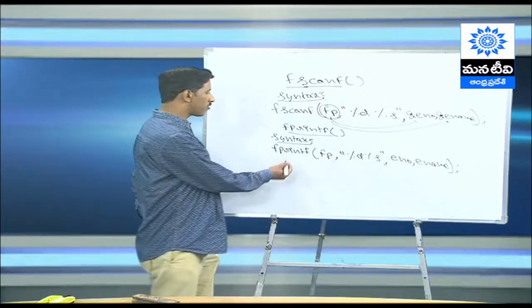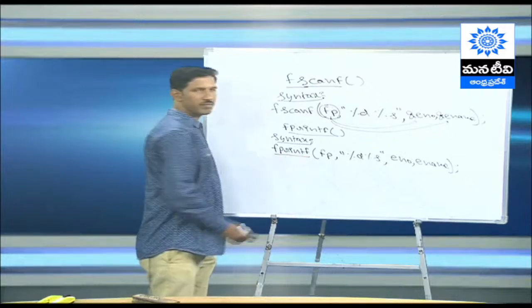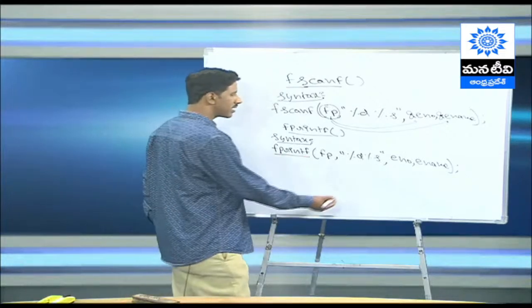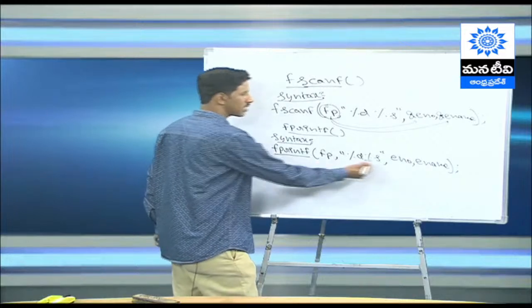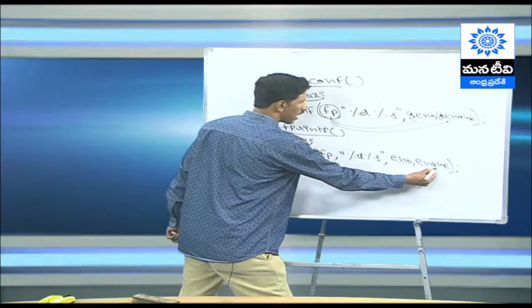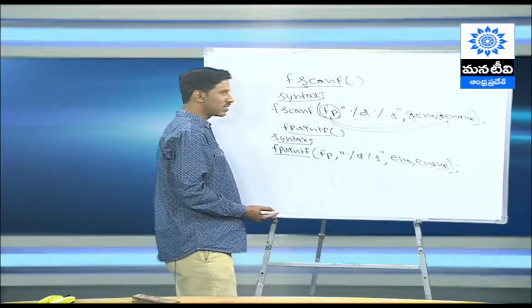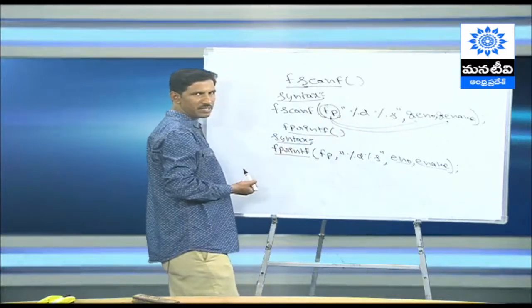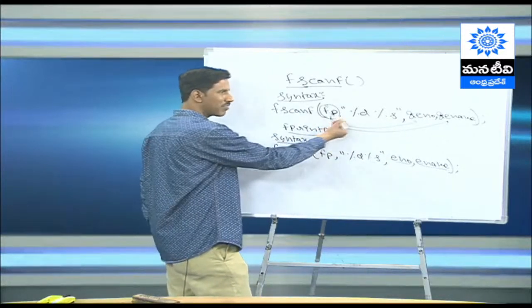What is meant by fprintf here? File printf. That means I want to print the details, the employee number details and the employee name details. Previously, I wanted to read the data from the files.